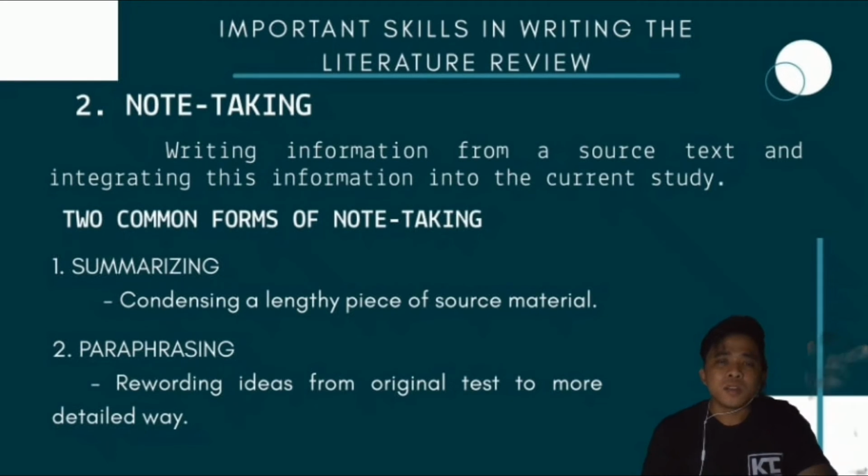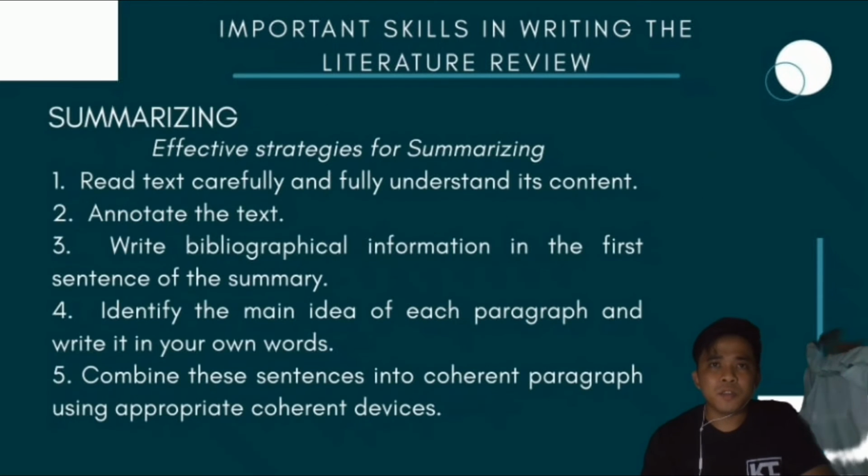There are effective strategies in summarizing. First, you must read carefully the text and fully understand its content. Second, annotate the text. Third is write bibliographical information in the first sentence of the summary. Before you start, you need to write those important information in the first paragraph on the first page of your paper.